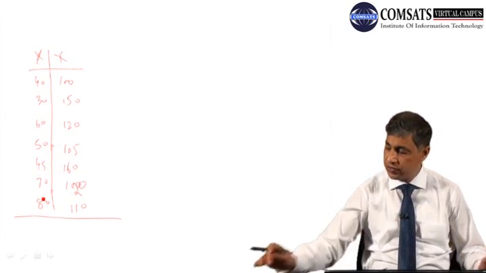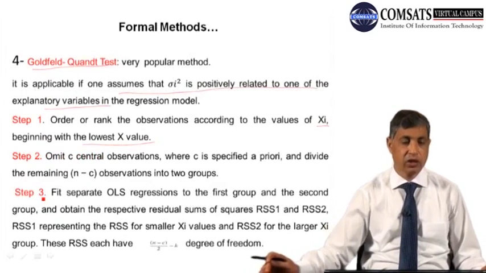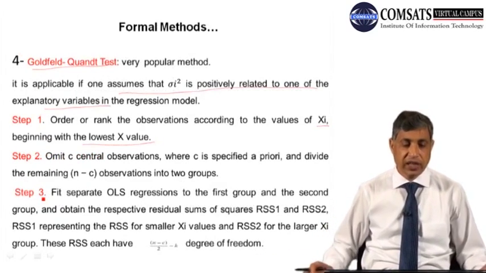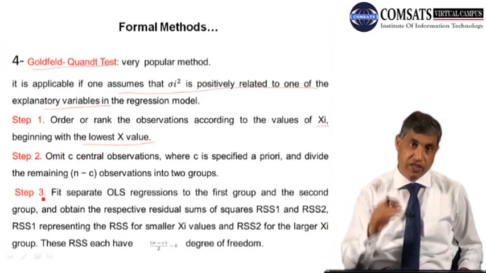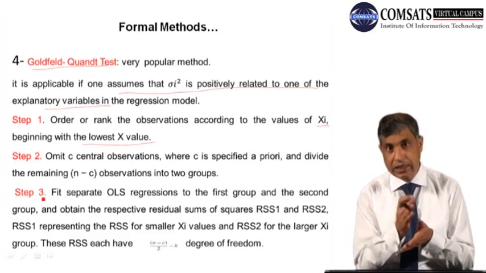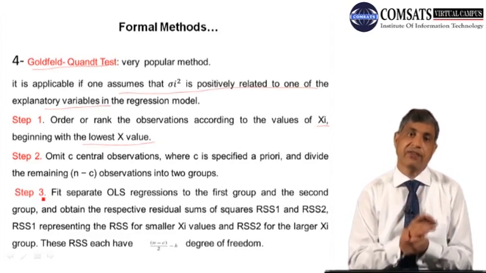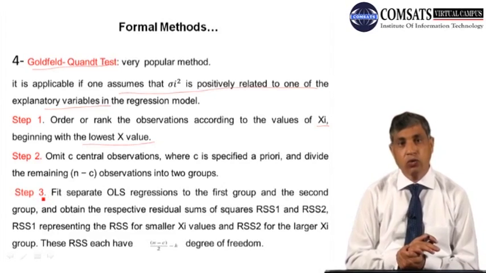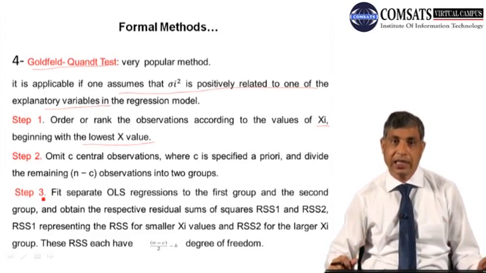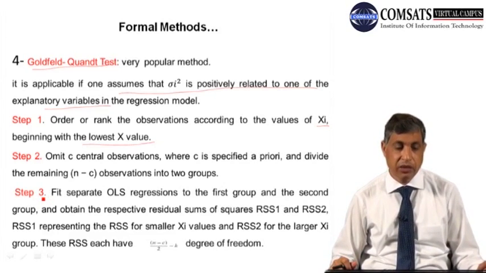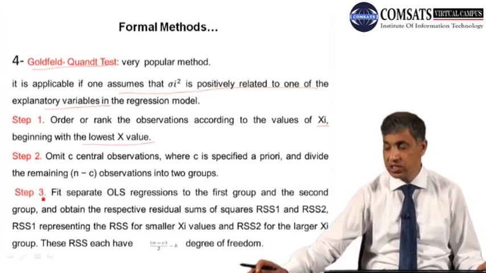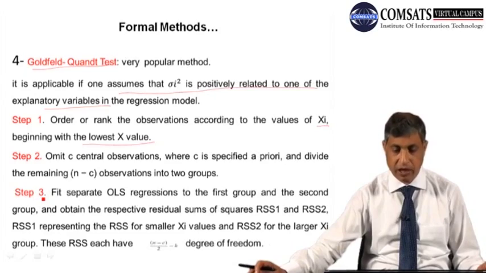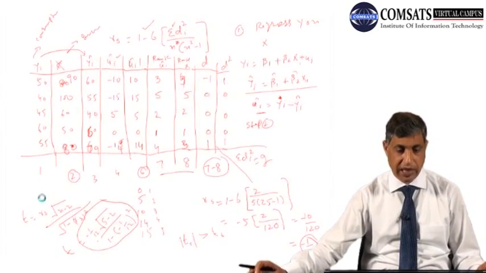Now in the Goldfeld-Quandt test, the first step is to order or rank the observations according to the values of x. We will first take the x values, and against them we will change the y values, because we will not only take the ascending order of x, but according to it we have to rearrange y, starting from the lowest x.